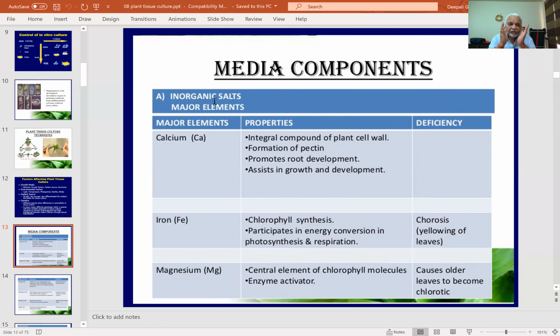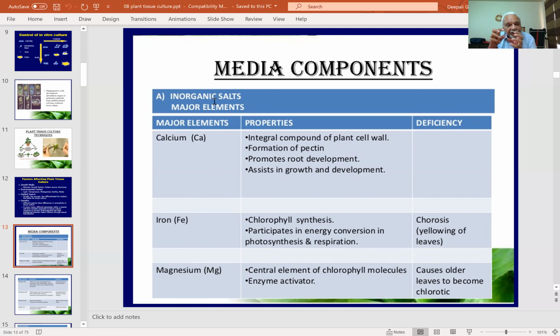Now, this well-defined media of Murashige and Skoog, the basis was the knowledge generated on plant nutrition, what a plant requires. So taking clues from that, the media had the major elements and the minor elements.